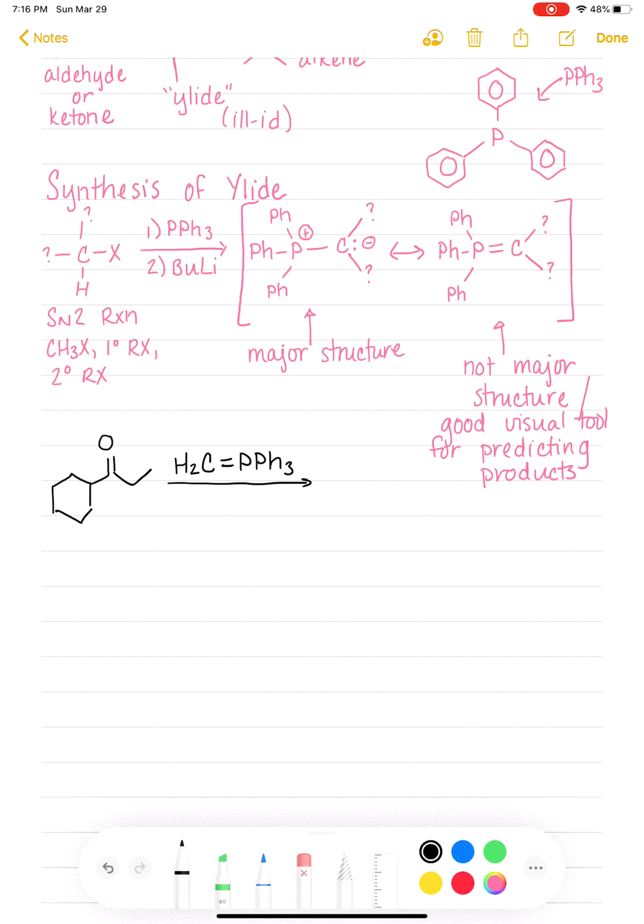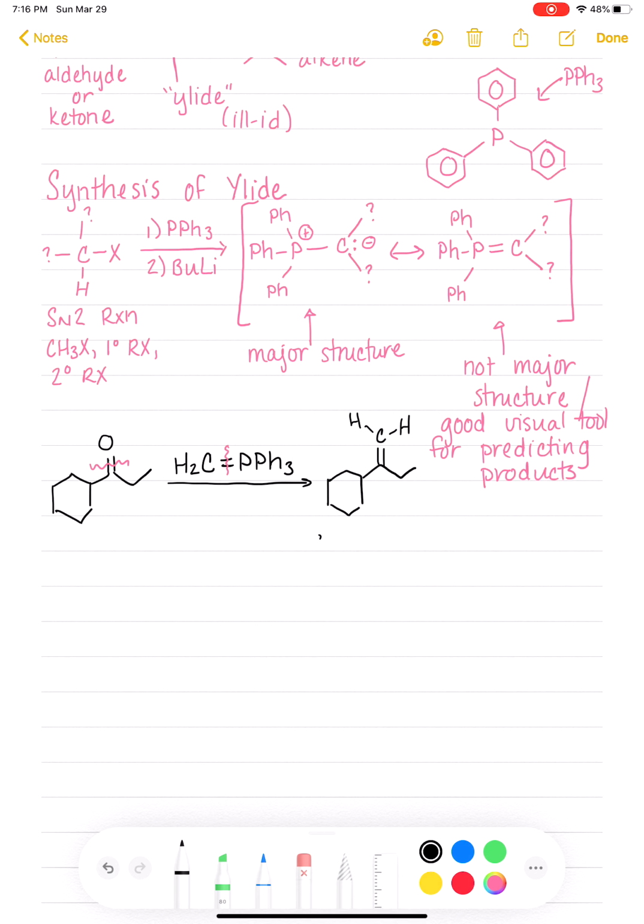The way that I like to visualize it is breaking the carbonyl compound apart at the carbon-oxygen double bond, and also breaking the ylide apart at the carbon-phosphorus double bond, and then putting those pieces back together. So I'm going to retain everything but the oxygen from my carbonyl compound, and then I'm going to just tack onto that carbon the R group from the ylide. And that's it. That's all I make.